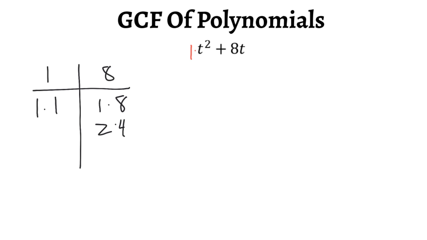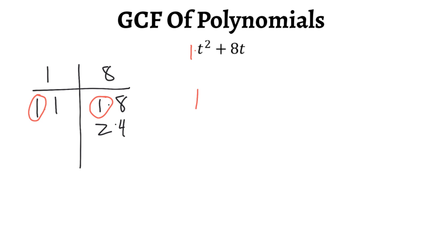If you want to break it down into the table as I did earlier, 1 and 8. 1 is just 1 times 1, but 8 is 1 times 8, 2 times 4. Notice that the highest number that they share in common is just a 1. So the value that we're dealing with is a 1 that they both share in common.